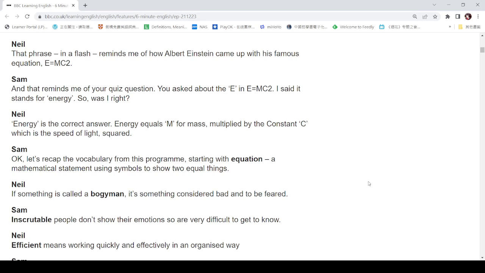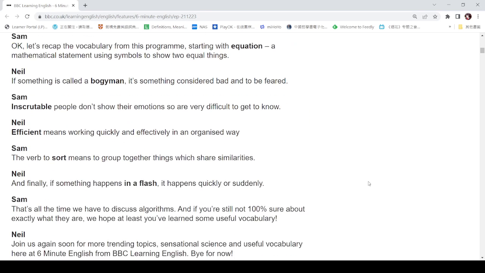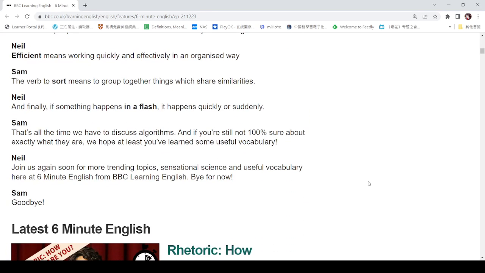Efficient means working quickly and effectively in an organized way. The verb to sort means to group together things which share similarities. And finally, when something happens in a flash, it happens quickly or suddenly.